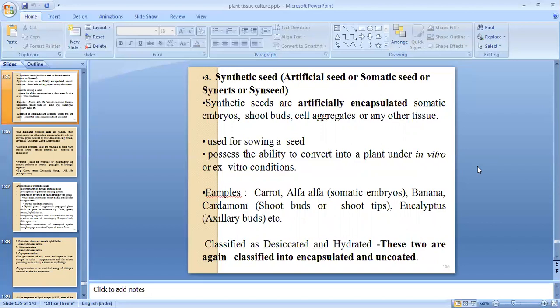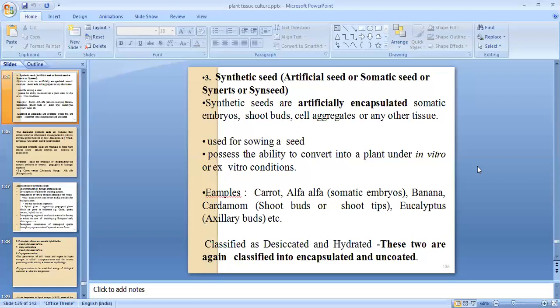They are artificially encapsulated somatic embryos, or shoot buds or cell aggregates, or any other tissue. They are used for sowing. They have the ability to convert into a plant under in vitro or ex vitro conditions.